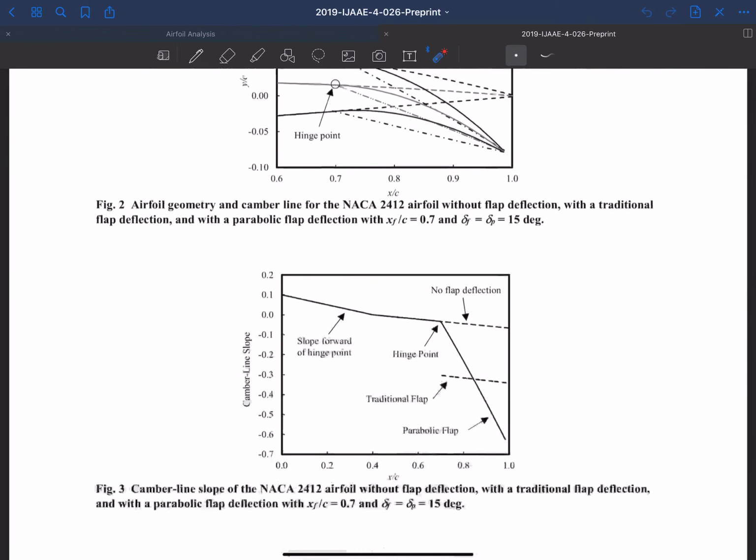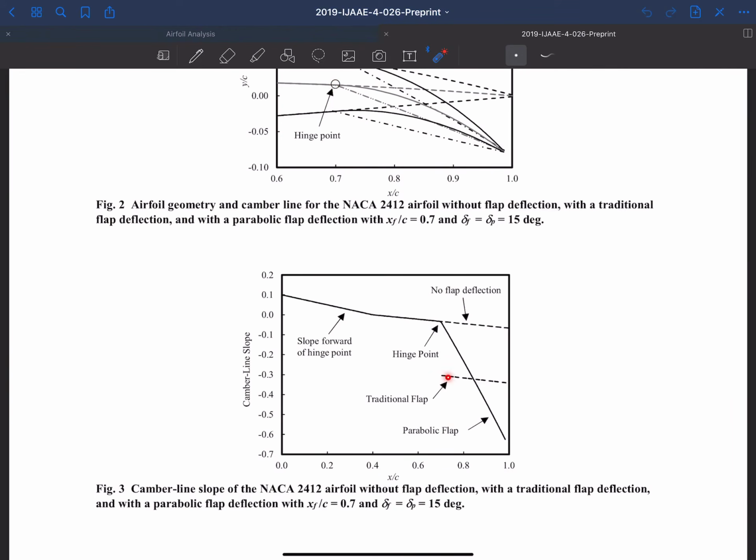And this is what the camber line slope looks like for both of those. For no flap deflection, because it's a 2412, you can get the camber line slope, and it looks something like this. This is across the whole airfoil from the leading edge to the trailing edge. That's what it looks like with no deflection. Now with a traditional flap, you have a discontinuity in camber line slope right at the hinge point.